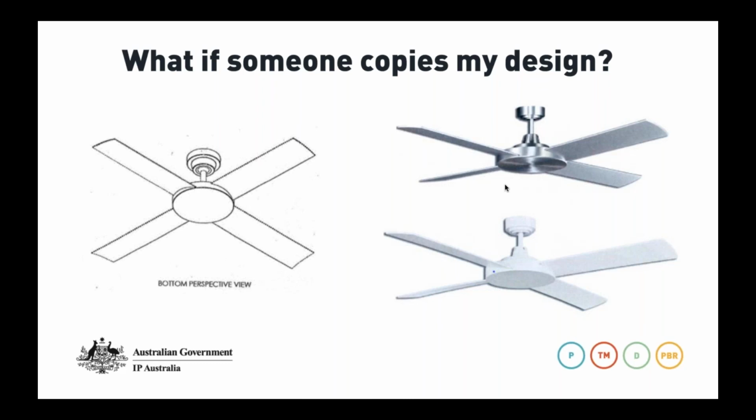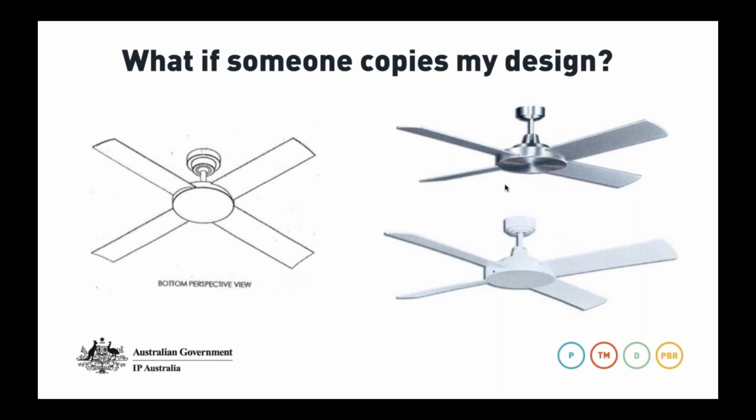The case on the screen is an actual case. The fan on the left was registered and certified in 2012, and the owner later discovered that someone was importing and selling the fans on the right. So they took them to court, and even though the fans are not identical, the court decided that whilst they have a number of obvious differences, they also have significant and eye-catching similarities.